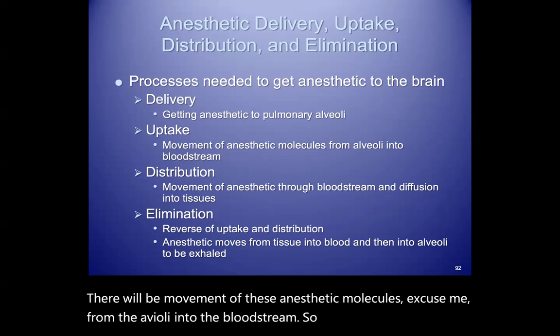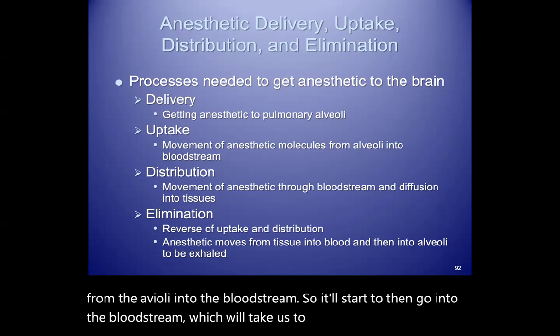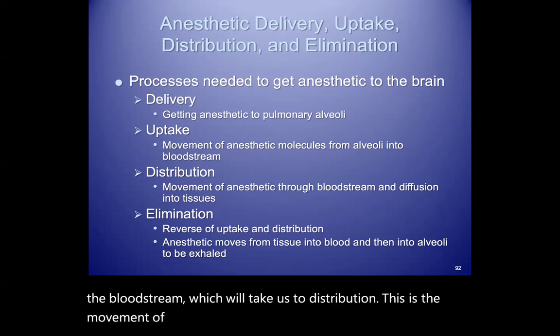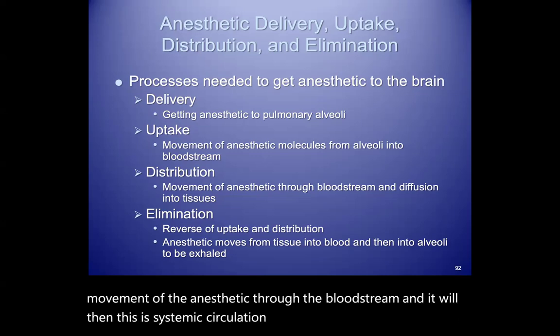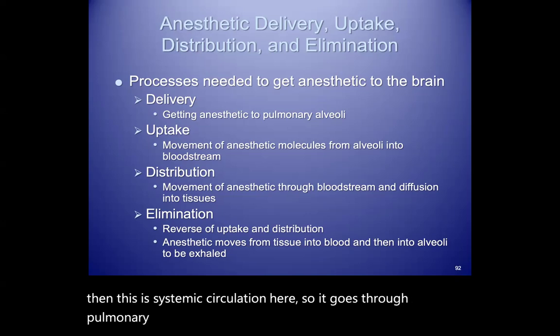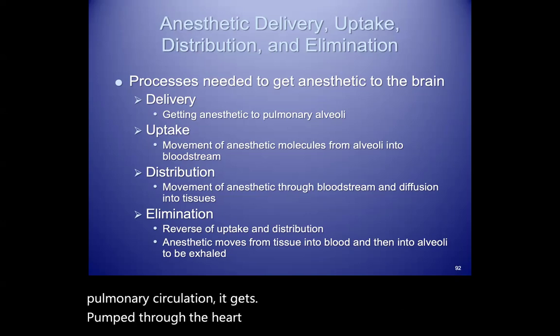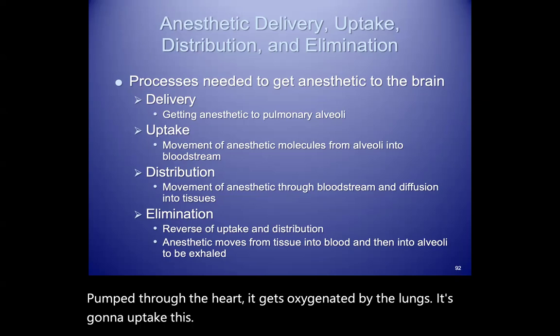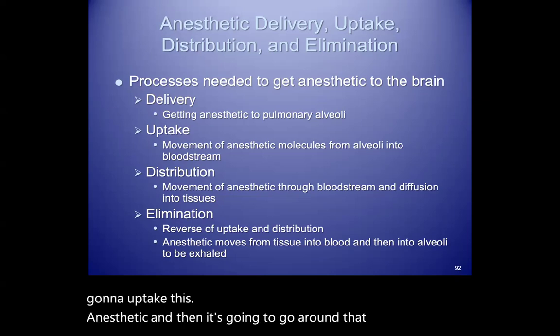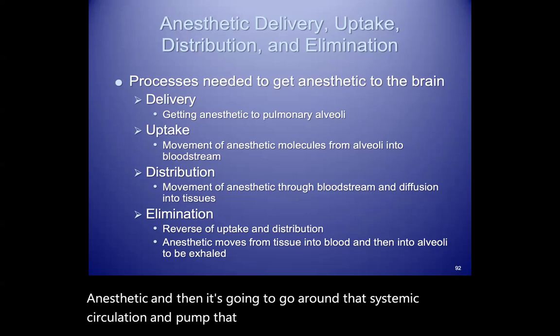So it'll start to go into the bloodstream, which will take us to distribution. This is the movement of the anesthetic through the bloodstream, and this is systemic circulation here. So it goes through pulmonary circulation, it gets pumped through the heart, it gets oxygenated by the lungs, it's going to uptake this anesthetic, and then it's going to go around that systemic circulation and pump that blood around the body as well as perfusing into the tissues.